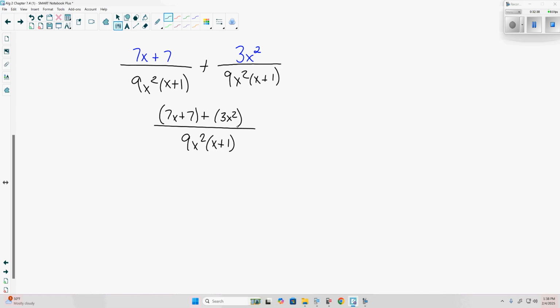When we subtract, we have to distribute that negative through. So really at this point, if we wanted to, we could drop the parentheses and combine like terms. Well, 3x squared, 7x, and 7, there's no like terms. We get this here.